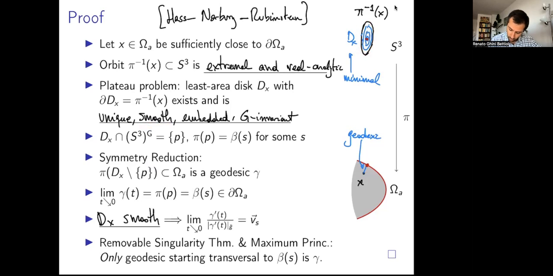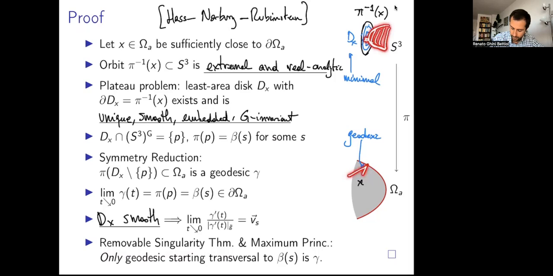It's actually smooth, so it must meet at 90 degrees. Finally, there's only one geodesic starting from each boundary point, because if I had two, by the removable singularity theorem, for example, as stated in Choi Schoen's paper, the other corresponding surface would be a cone, and I can remove the singularity, so it would actually be smooth. They would have to touch there and be tangent.